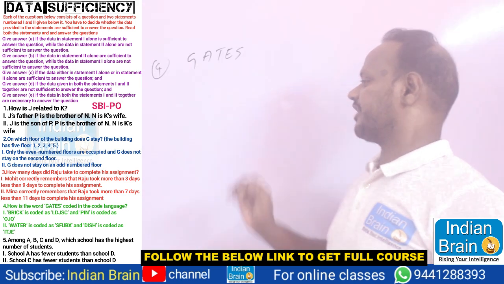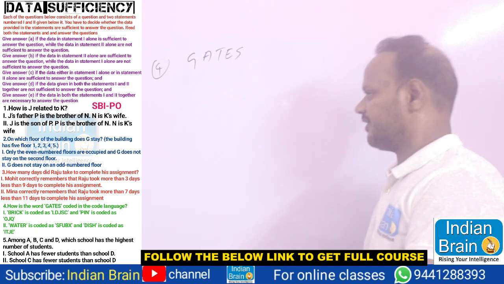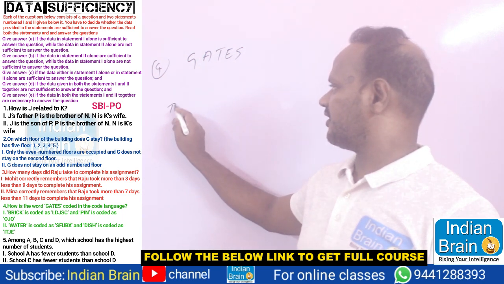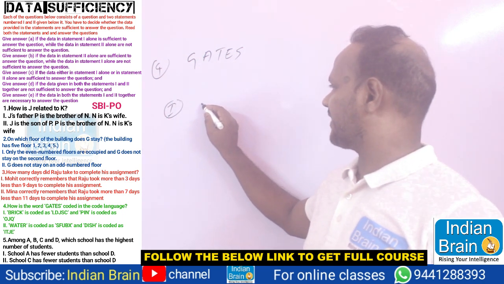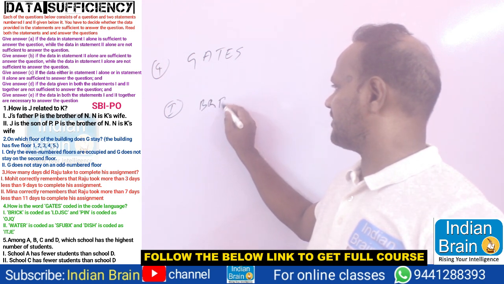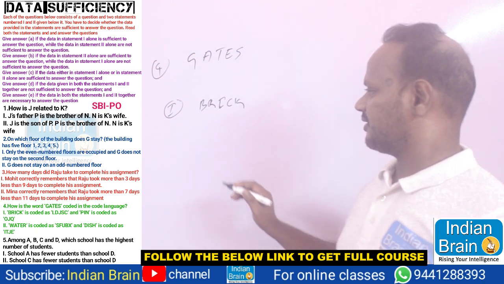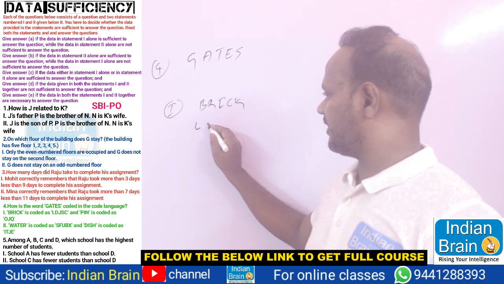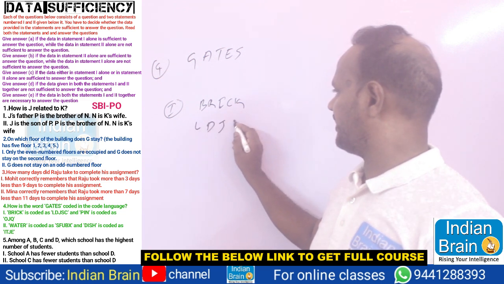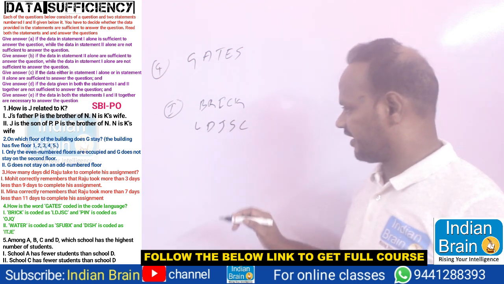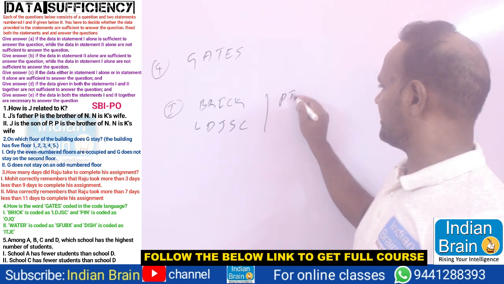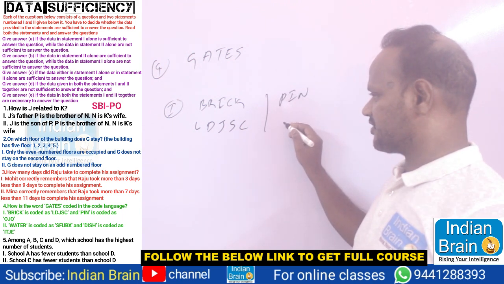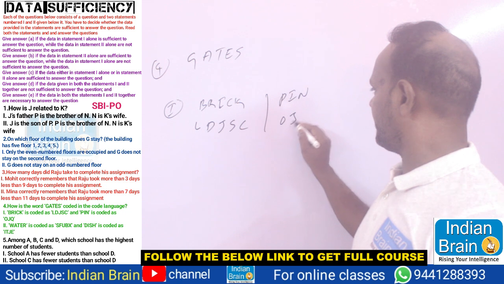So according to the given statements, what is our first statement? Statement number 1, very interesting. Observe it now. BRICK is coded as LDJSC. In the same way, PIN is coded as OJQ.